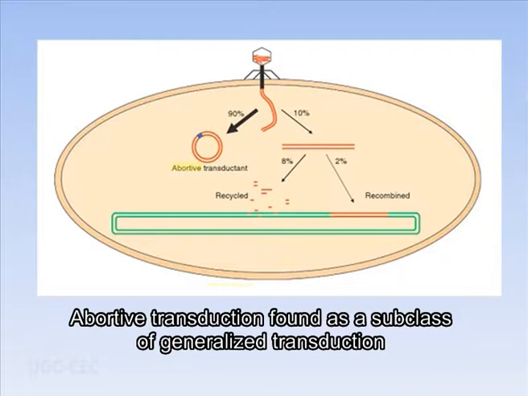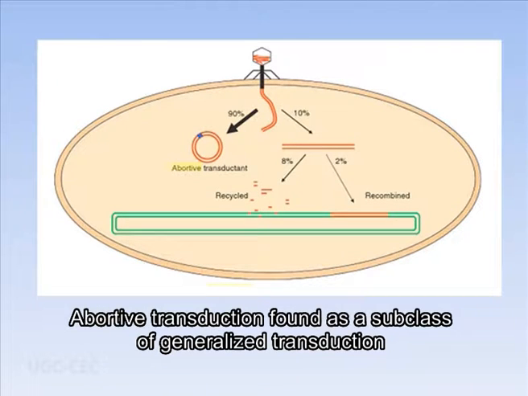In the other case, complete transduction, the rest, about 10% of the DNA, can stay in the linear form. Out of this linear form, 2% can get integrated into the recipient cell chromosome. The rest 8% is degraded into its corresponding nucleotides, which are recycled during DNA synthesis.